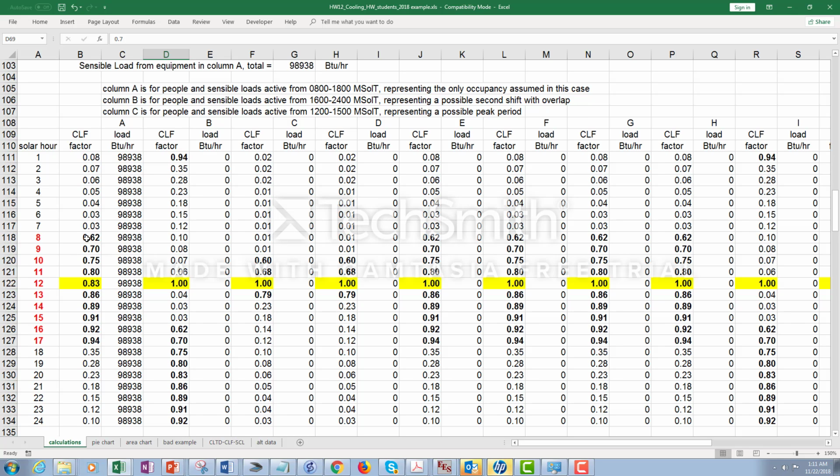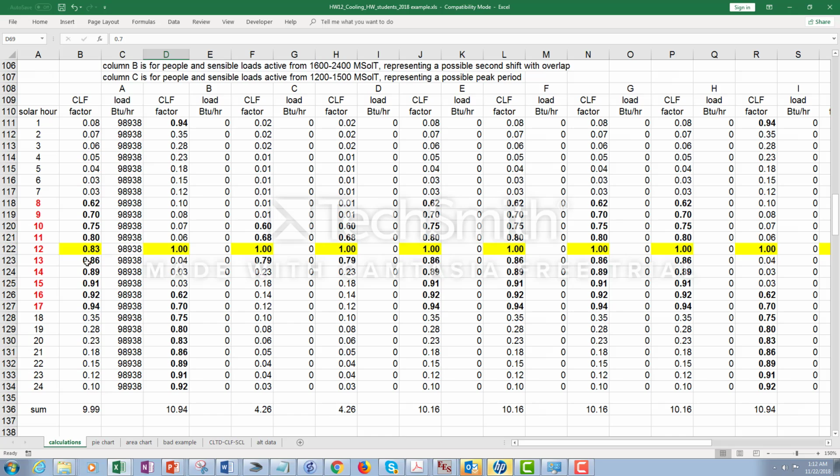So our first hour of occupancy is the hour that ends in 10 by clock time. But as we looked at before, that's hour 8. Hour ends at 8 in solar time. So here are the cooling load factors. Actually, in what you have, you probably have a 1 here, or maybe 1 bogus number to make sure you're paying attention.